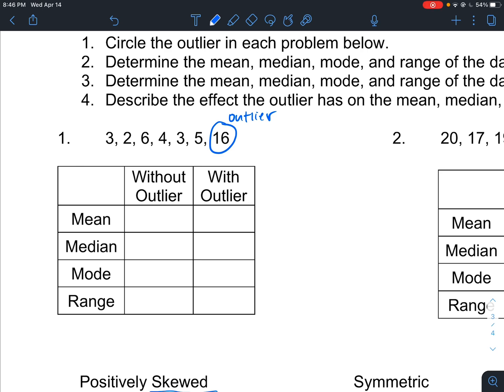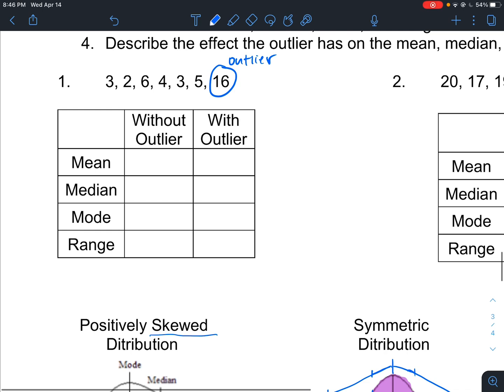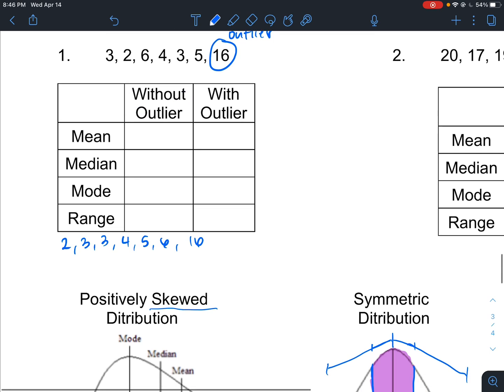So if we want to find the mean, we have to add all these up together. I'm going to order this in a better order, from lowest to highest: 2, 3, 3, 4, 5, 6, and 16. Without the outlier, we add these up and divide by 6.